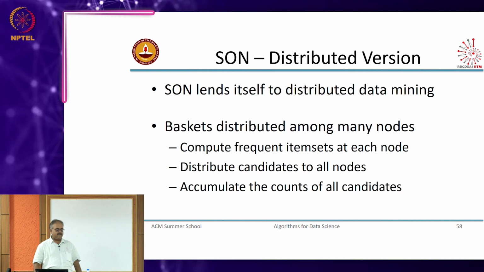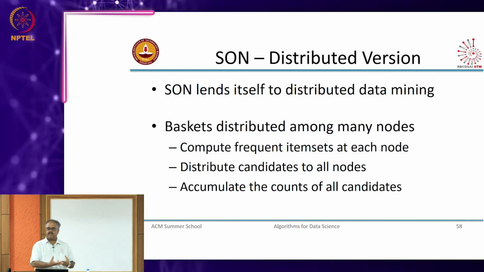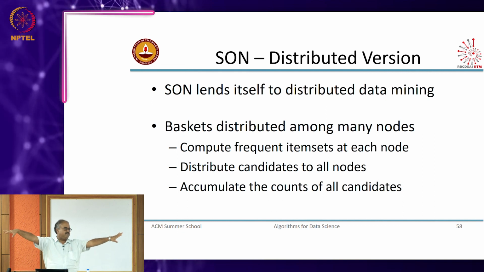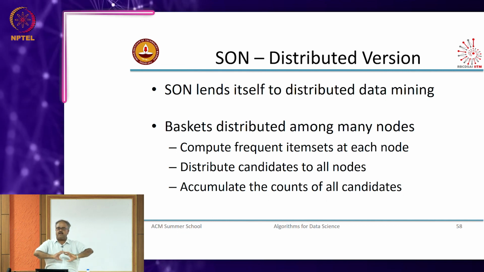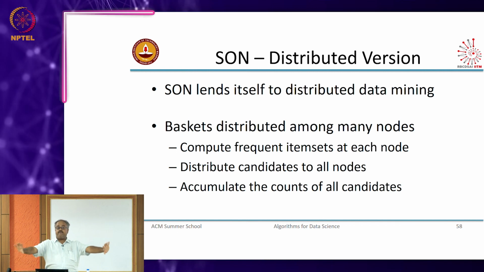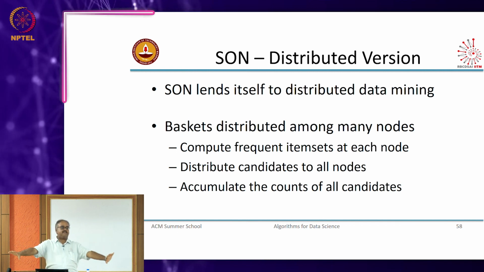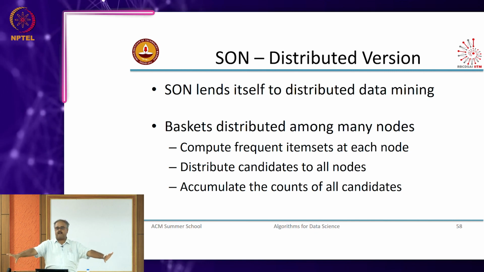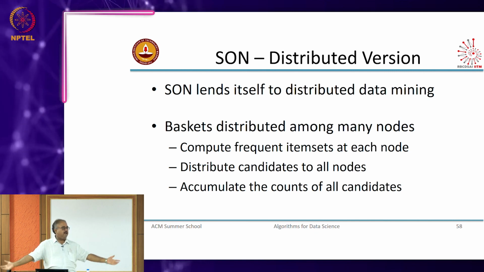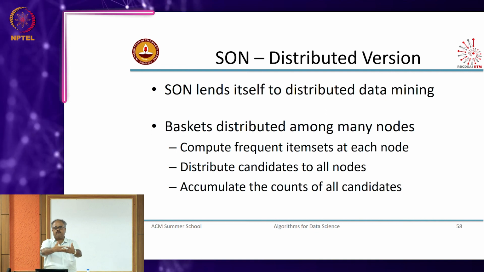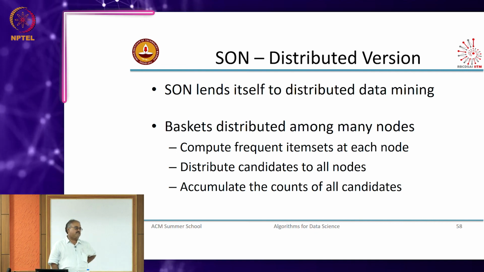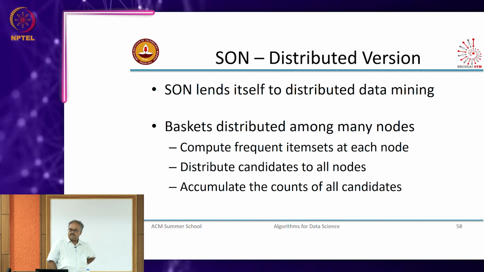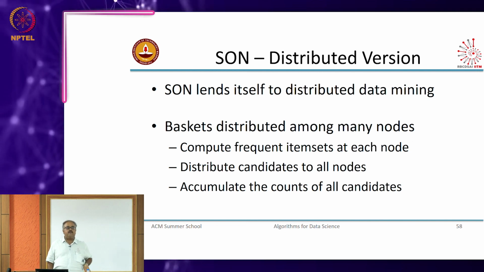As you are reading the data, you send out each chunk to a different machine, and every machine runs the same algorithm, Apriori, in parallel. And then you take a union of all the frequent item sets each one of these machines discovered, and then you rerun.